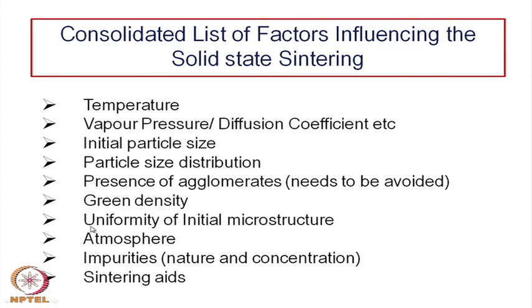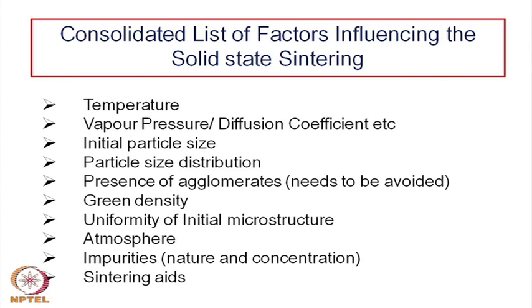Atmosphere of course has an influence because it controls the defect structure of the material, and the defect structure is also very important because ultimately the solid state diffusion is taking place by vacancy mechanism, most of the time. So, atmosphere also has a very important role to control the concentration of vacancy at different places, and therefore, their mobility also.